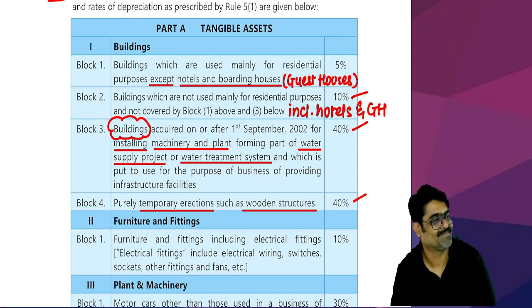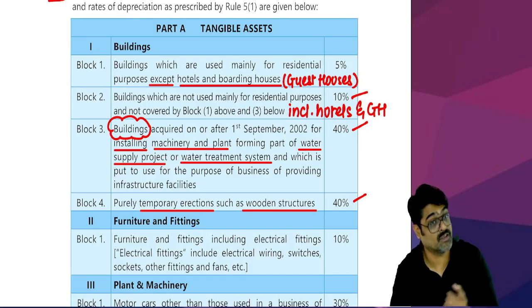10%. If nothing is mentioned in the question, apply the general rate of building, that is 10%. But if specifically they are mentioning that the building is residential, then you will apply 5%. If they are saying that the buildings are temporary structures or wooden structures, then you will apply 40%.